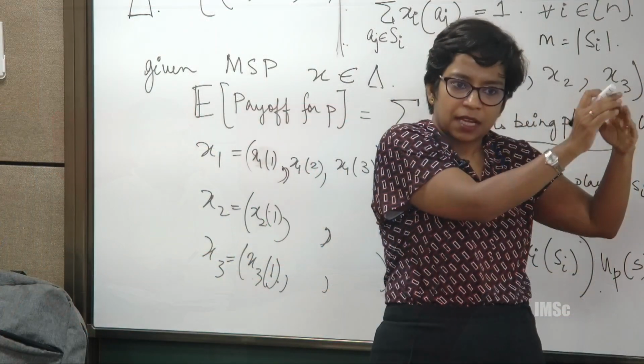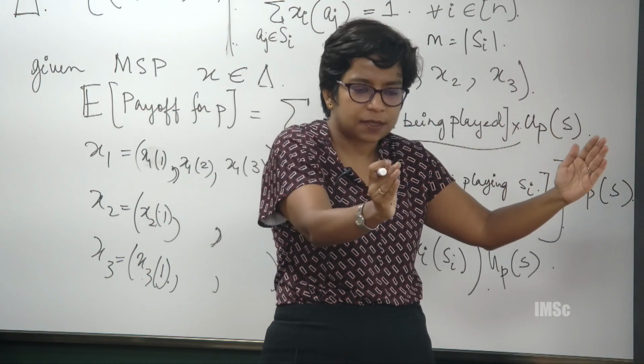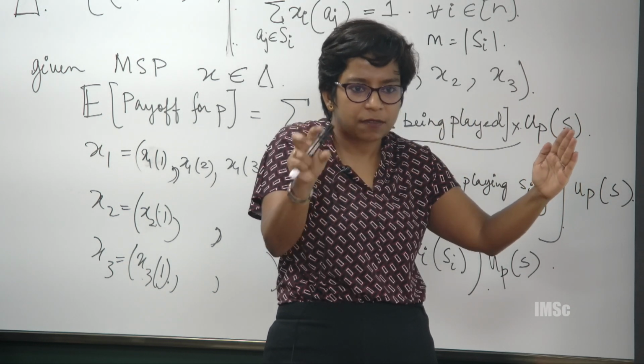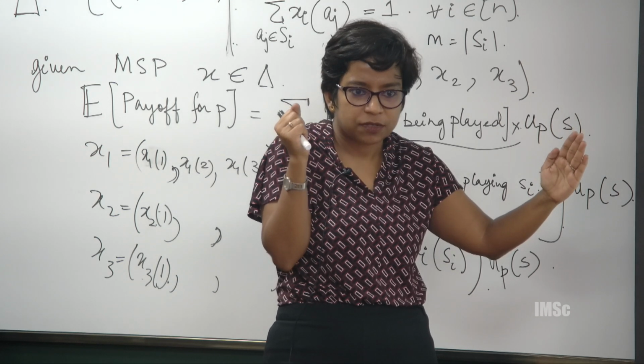So the idea is the following. If I have a deviating mixed strategy that gives me a strictly better outcome, it's a probability distribution, let's say, I look at it, I examine the values, I find the coordinate that gives me maximum payoff.